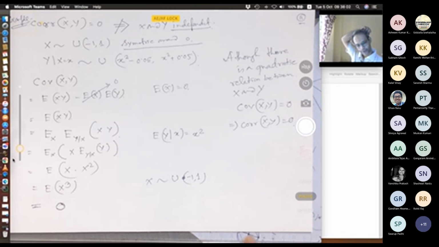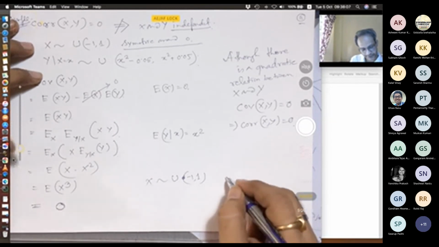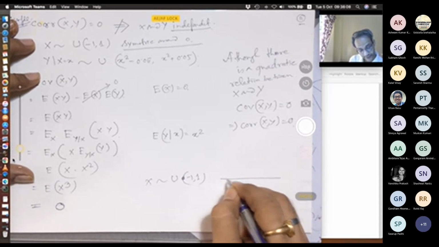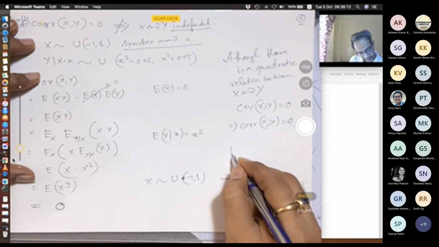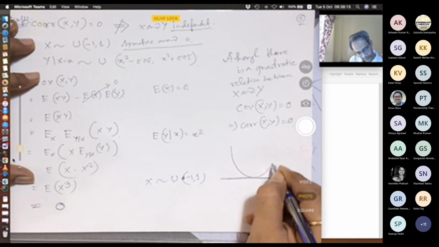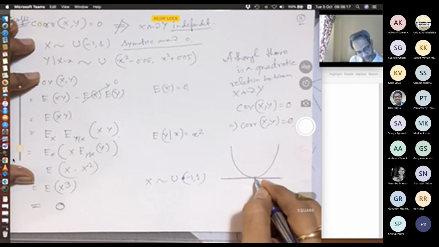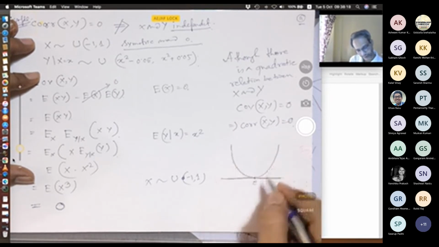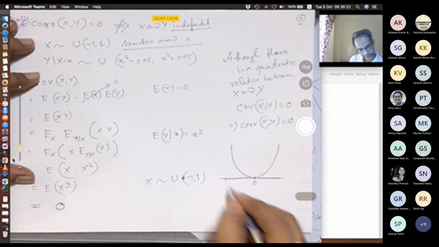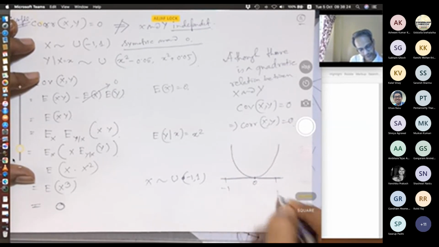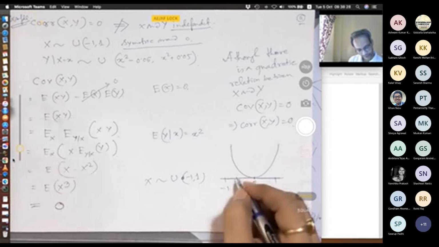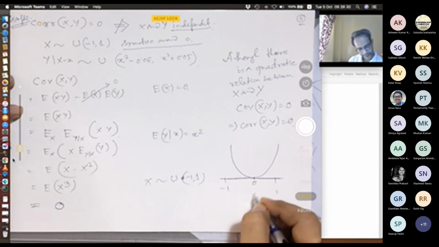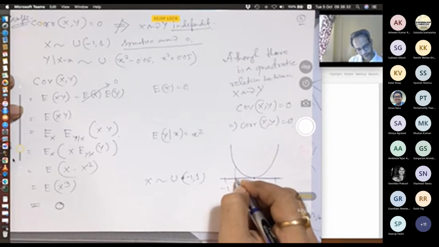So if you want to draw the region where this density will lie, you can draw it in this way. This is some point like this. So here it is 0, and you can consider that this is from -1 to +1, and for each value of x you have x square.